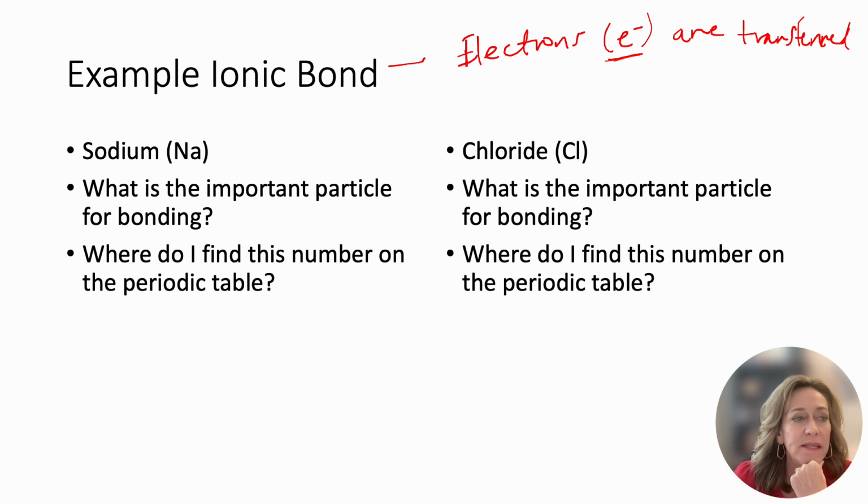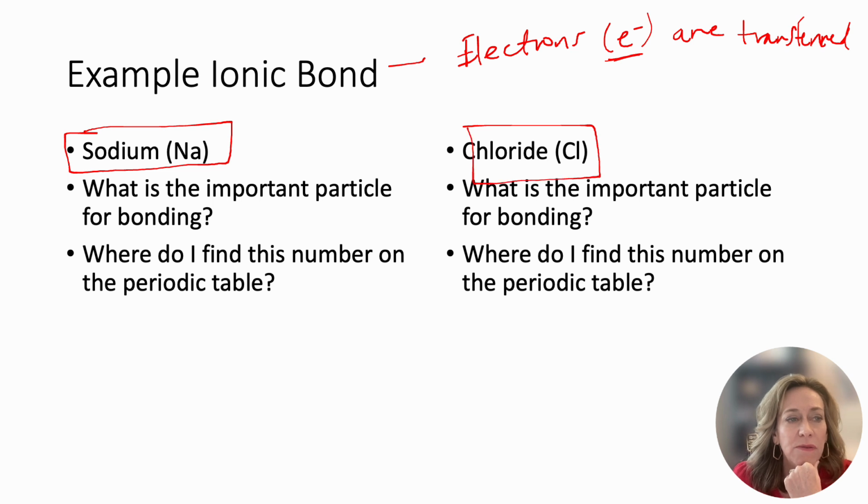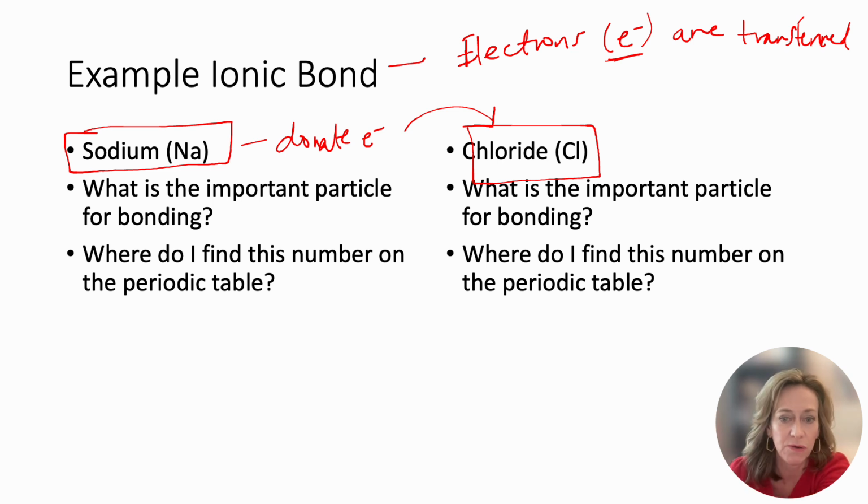As an example, we have sodium and we have chlorine, and sodium is going to donate, or transfer, an electron to chlorine. When that happens, sodium becomes positively charged because it loses a negative. Sodium becomes positive, and chlorine becomes what we call chloride.